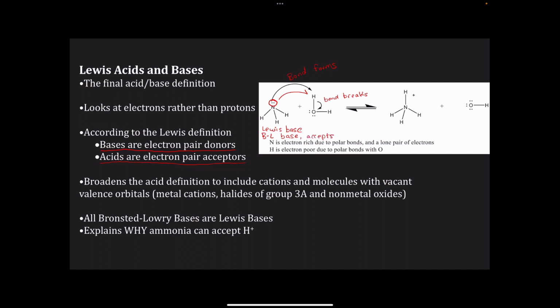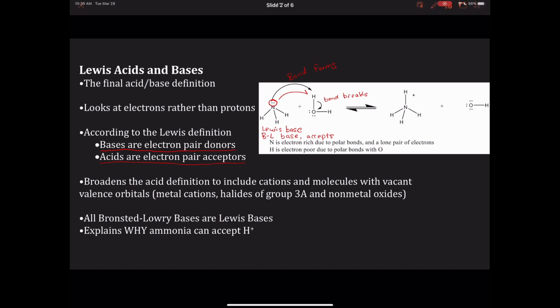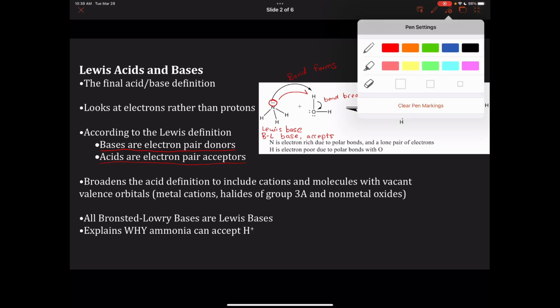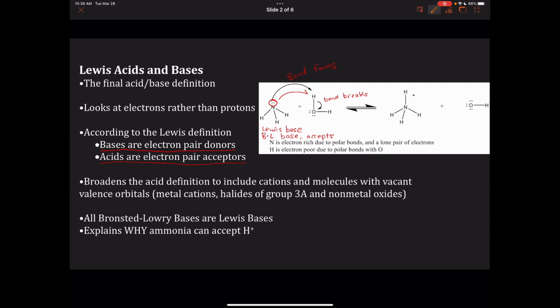Now, the reason it's able to accept that hydrogen, to form the bond to the hydrogen, is because it has the lone pair of electrons that it can donate to the hydrogen. Now, my reaction is reversible. To go in the reverse direction, we now have this O-, which has all kinds of electrons piled up on it.